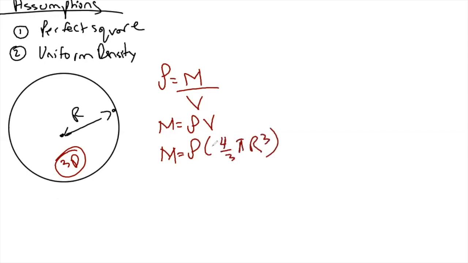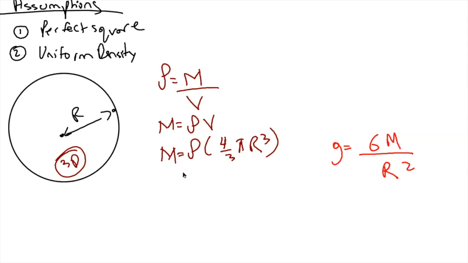Now I have this formula for mass, and on the other hand, I have this very interesting formula for g, which we just derived a while ago. And let's use a large letter for R because it's the same R here. Now I'm going to substitute M into the formula for g.